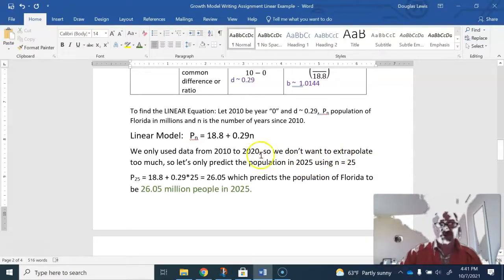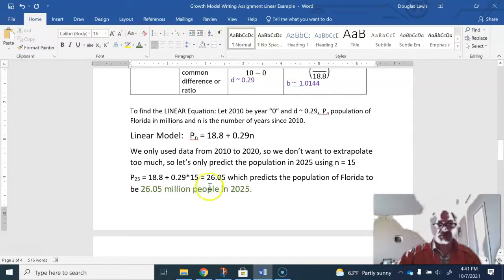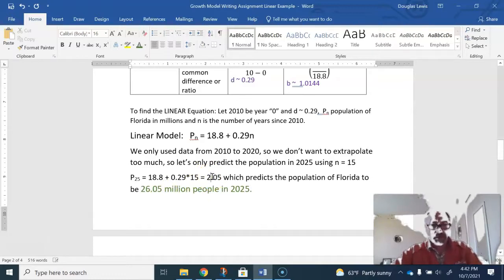Oops, this is all wrong, because that's supposed to be 15. That should be 15, not 25. It's not from the year 2000. So that should be 18.8 plus 0.29 times 15. That's 23.5, 3.15 rather.